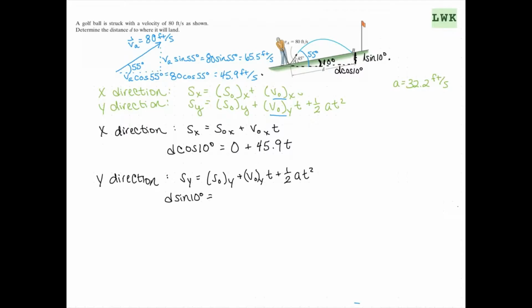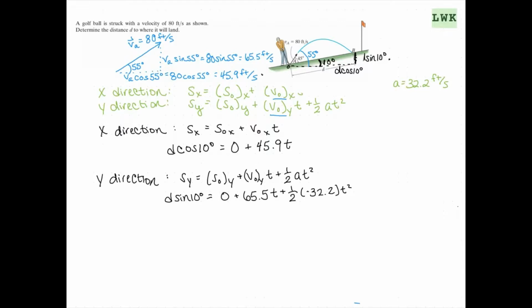That's where the ball lands at that point B, equals 0, which is our initial over here, plus what we know, 80 times sine of 55, our y component of the velocity, 65.5 times t, plus 1/2 a, that's just going to be our gravity, pulling down so it's negative, t squared.